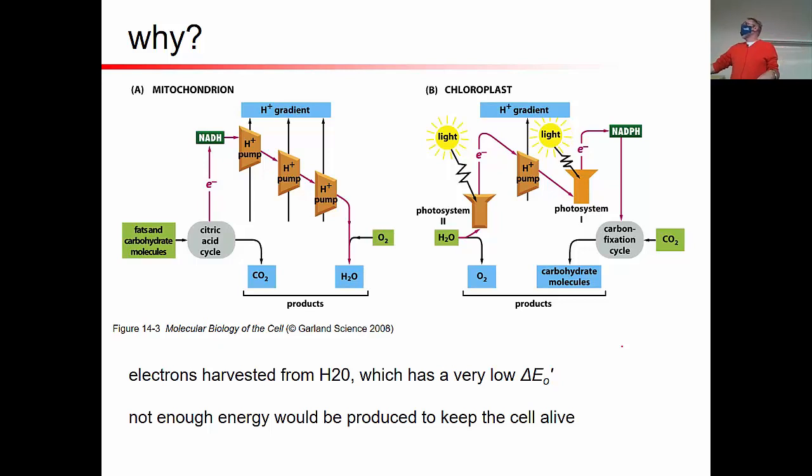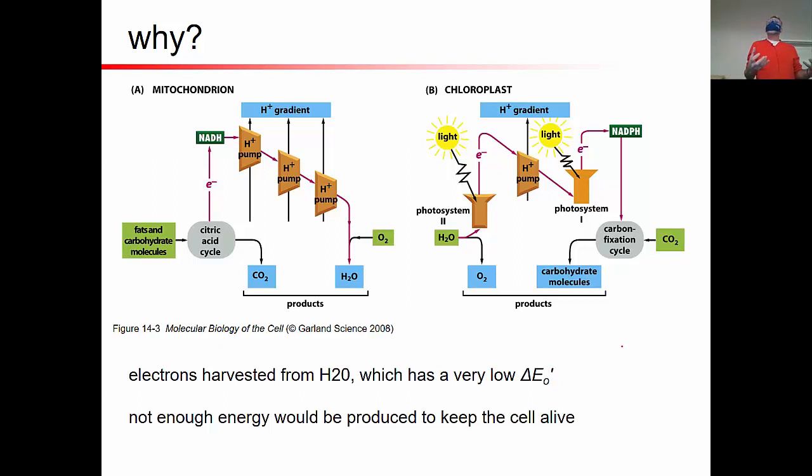So what we do is we use the energy of light to pull them up and dump them in. All right? So we use light energy to pick them up and dump them into the NADPH. Well, really what we're dumping them into here is the electron transport chain initially, and then they'll flow downwards.